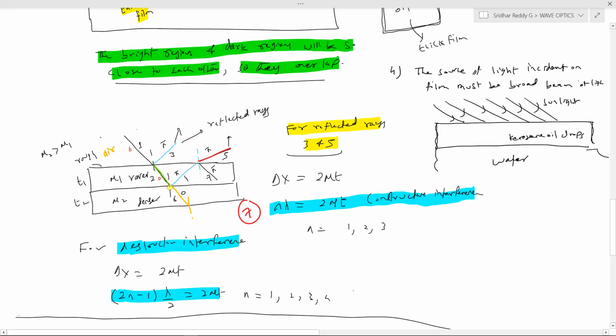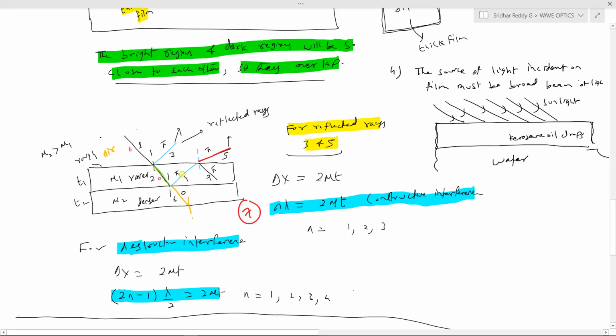Now the interface between films: the ray moves from rarer to denser, so the reflected ray will undergo a phase change of pi radian, and the refracted ray has no phase change. Again, when this ray goes here, a part will be transmitted and a part reflected.